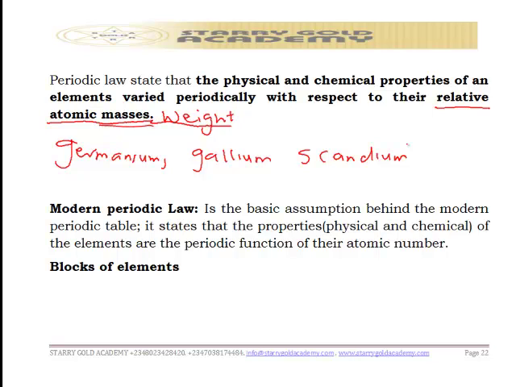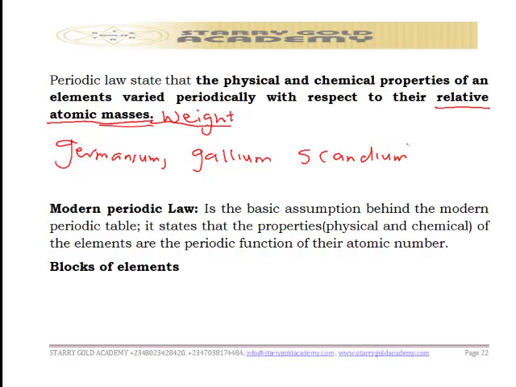These are elements that were found missing in Mendeleev's periodic table. But this problem led him to work on the periodic table, and later on he made what we call the modification of the periodic law. So that is what we have as the modern periodic law.